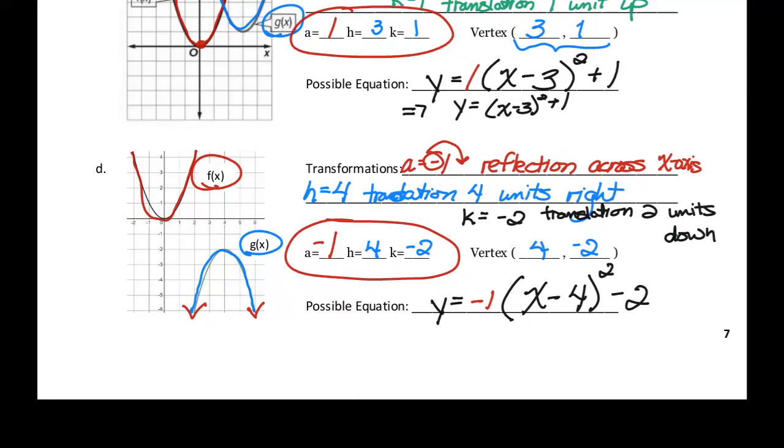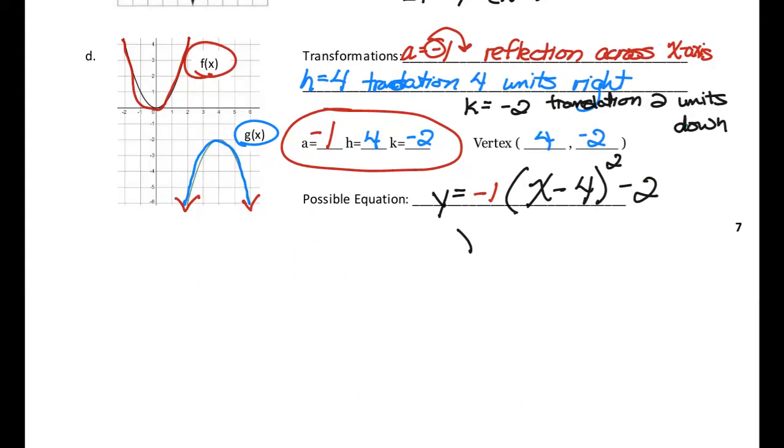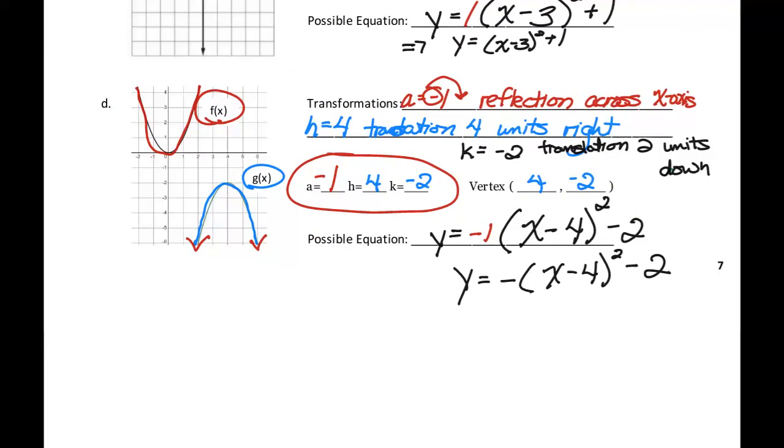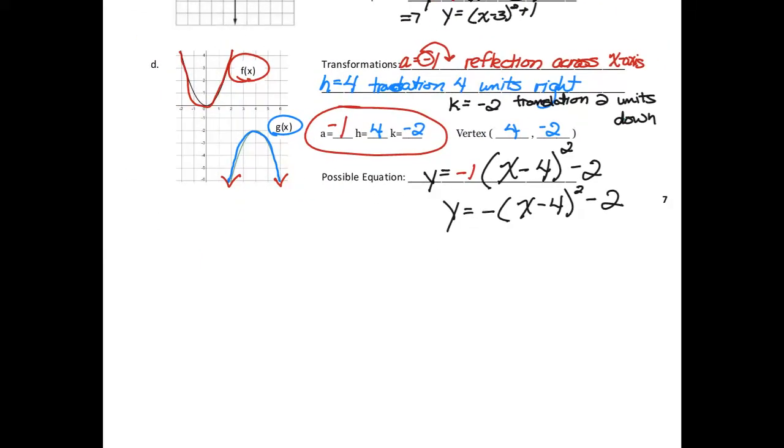If I wanted to simplify just a little, the only thing you could do is drop the 1 in front and leave a negative. But again, we don't need to do that. Okay? Question on these problems. Easy peasy lemon squeezy. No, it's not necessarily easy, but it's not terrible.